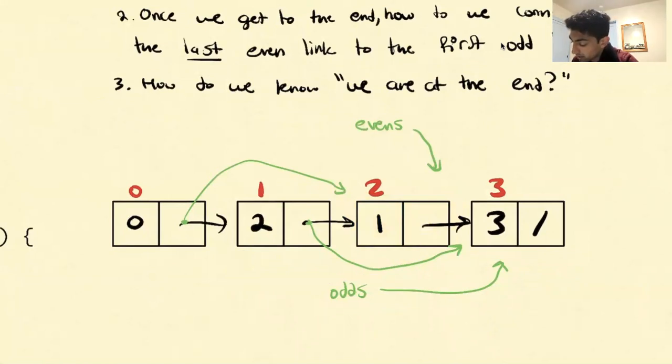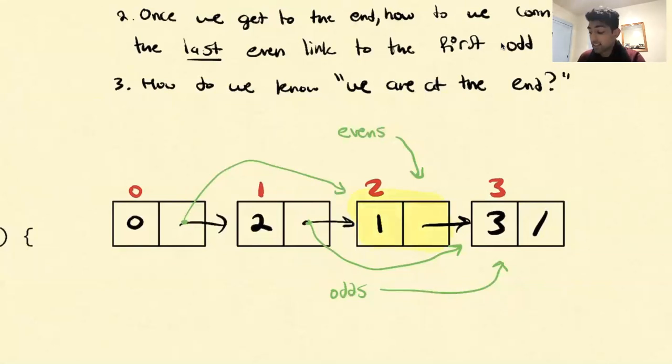Looking at this example, let's assume that we're at the next iteration. We already did the first iteration where we added in the green pointers. Now that we're here, we actually want to end right now. The simplest way of thinking about it is that we want evens to be at the last even index link.